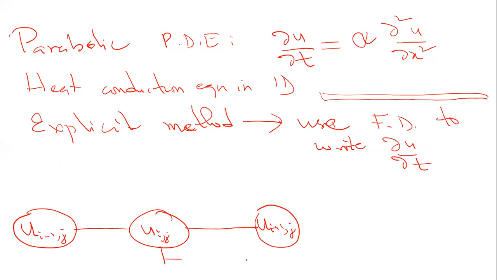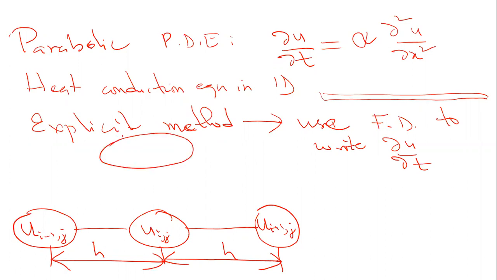The interval is h. Along this is the x-axis of the 1D equation, and along the other we define the time axis for the one-dimensional heat conduction equation.